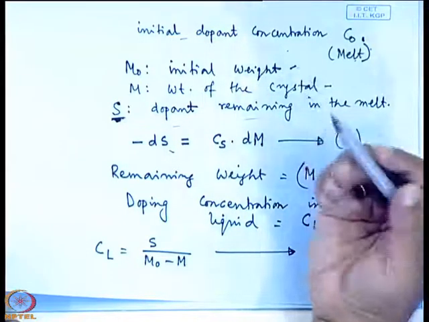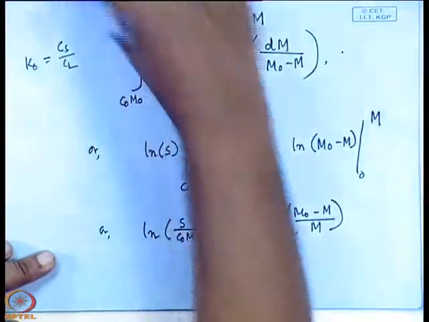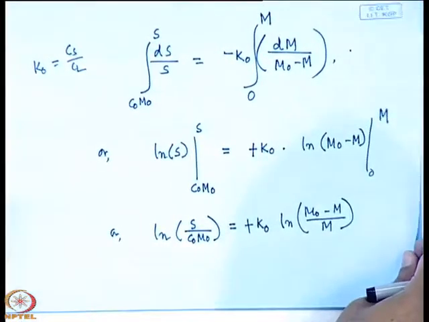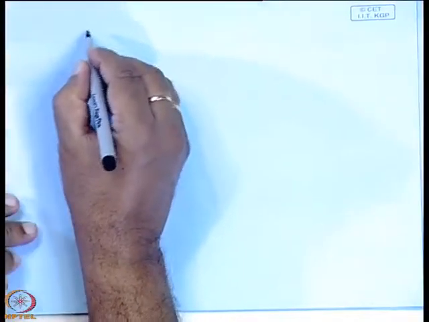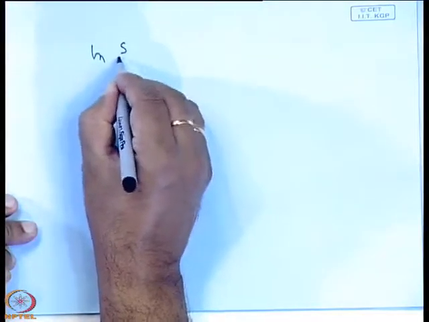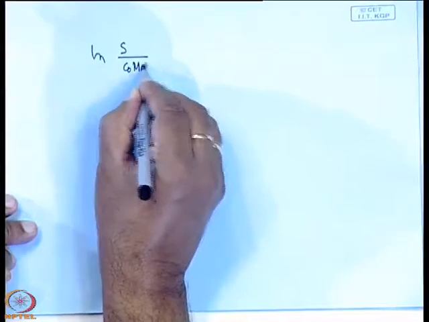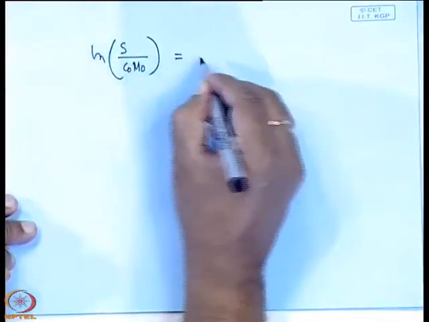So for m0 it is C0 into m0. Okay. Then from this expression we can write ln S by C0 m0.